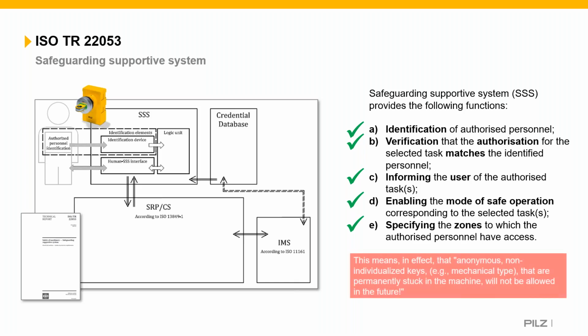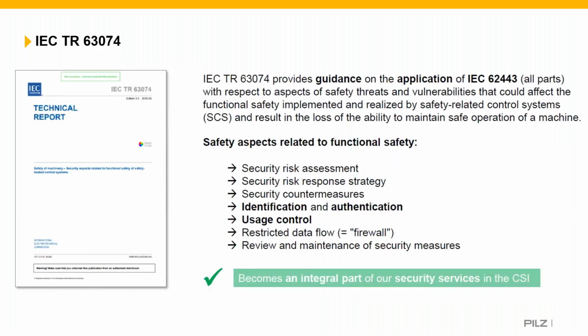So we need to be very, very careful in the selection of trapped keys and what we're doing with these to ensure that we will be compliant with these future requirements in the machinery regulation. There are other areas that give us further advice.